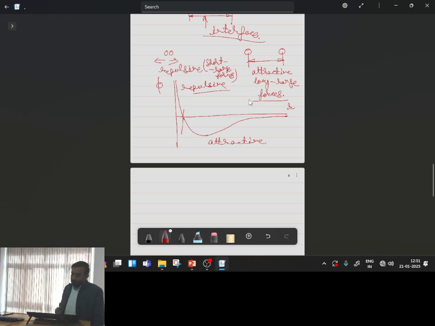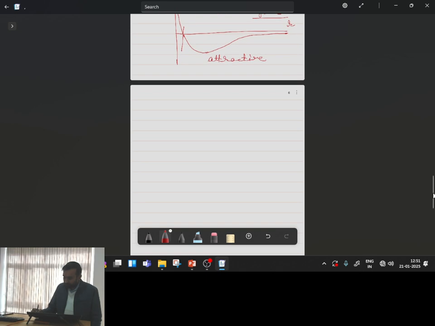Now it is important to know, if you have vapor molecules, and these vapor molecules we have to bring close to each other, it means we have to convert this vapor to liquid.